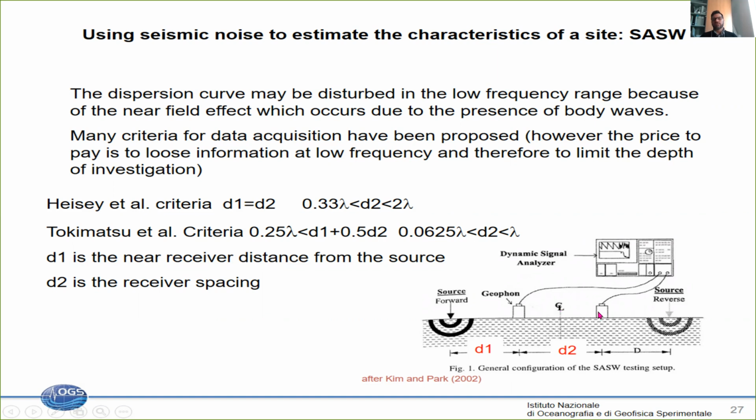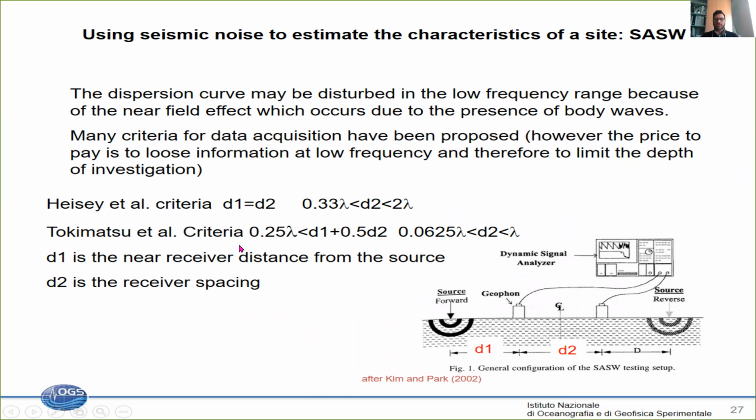D2 is the distance between the two geophones, and it can be identical to the distance between the source and the geophone, and this allows us to obtain wavelengths which are 1/3 or 2 times this distance. That's why by increasing the distance, we are also increasing the wavelength that we can consider.